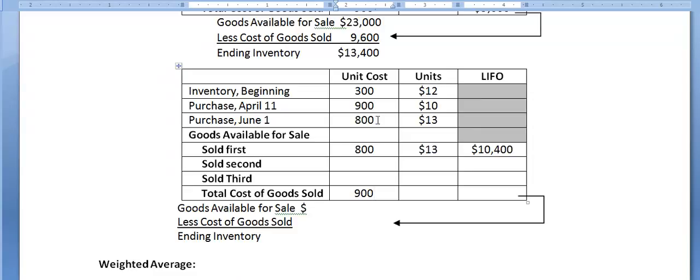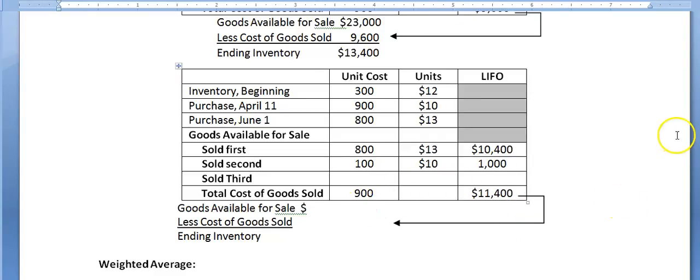We need another 100 of these to add up to our total 900 units sold. So we're going to sell from the next most recent purchase. 100 times $10 each gives us $1,000. If we add that up, our total cost of goods sold, $11,400.